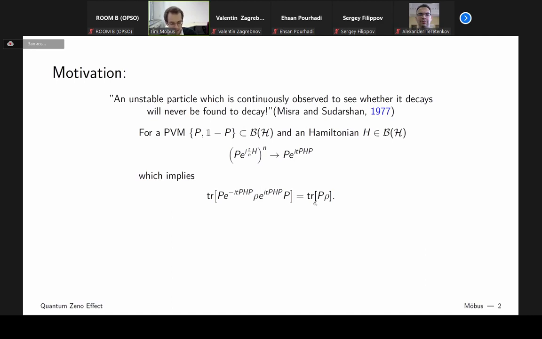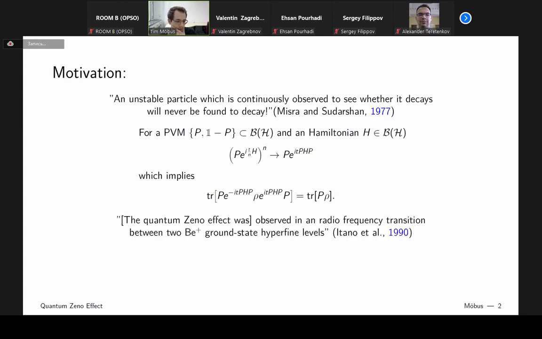But of course, there's a question whether this is just a theoretical result or really provable with an experiment. The experiment came out in 1990 by Itano et al. They were able to construct an experiment in the lab which shows that the quantum Zeno effect is real.